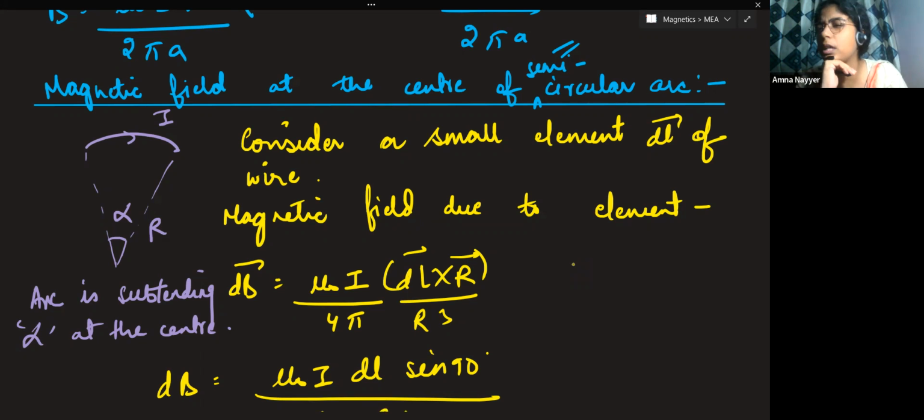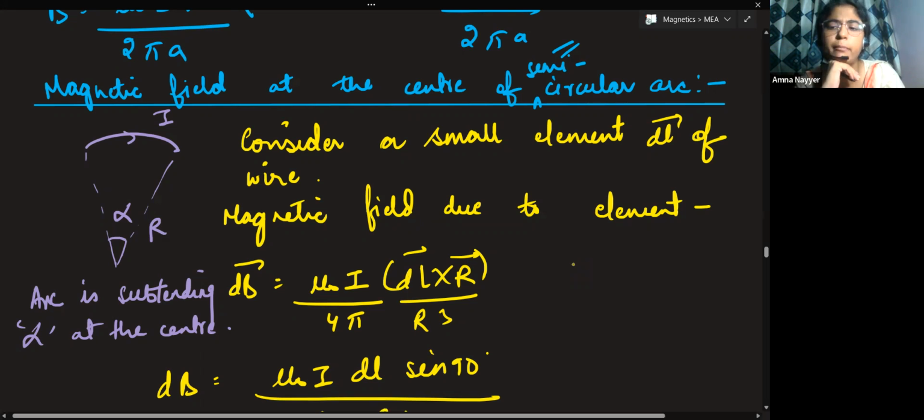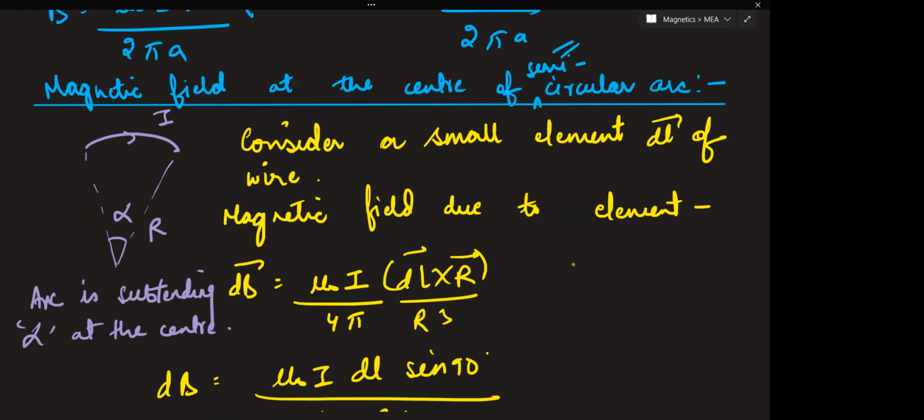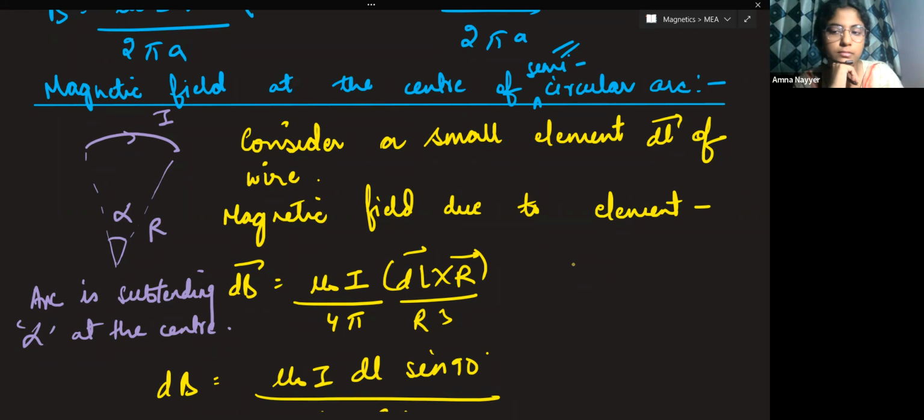Anyone? Because I think this must be included in your 9th or 10th class maths. Length of arc, angle, and radius. No one? Ma'am, L equal to theta into r.